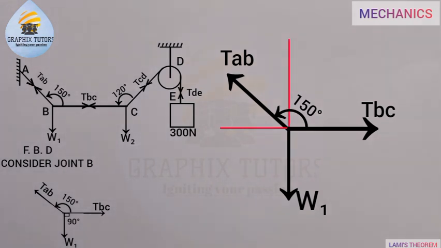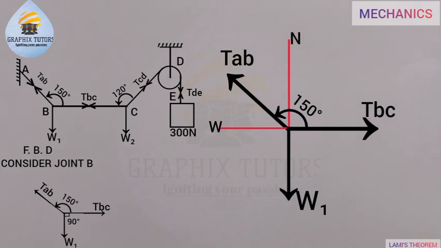We know very well that, let me now take this up here to be the north, and let me take this here to be the west. Now if you look closely, the angle between the north here and TBC here is 90 degrees.